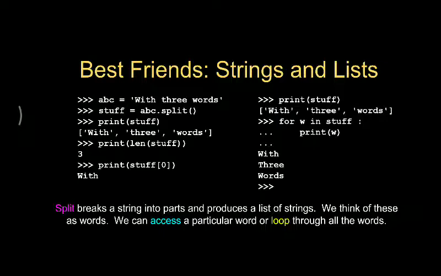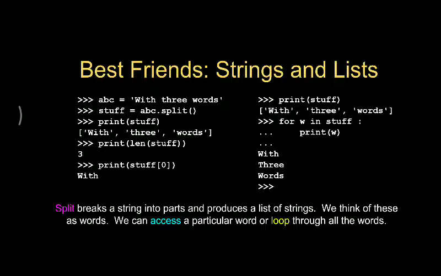Print of stuff. So we'll print that with 3 words. For w in stuff, print w. So here it will trace the total number of elements from the list stuff one by one, and each element will be assigned to w, and every time it will print the separated word.